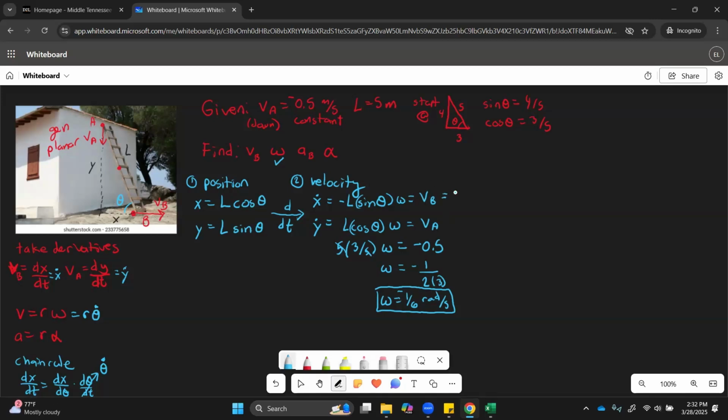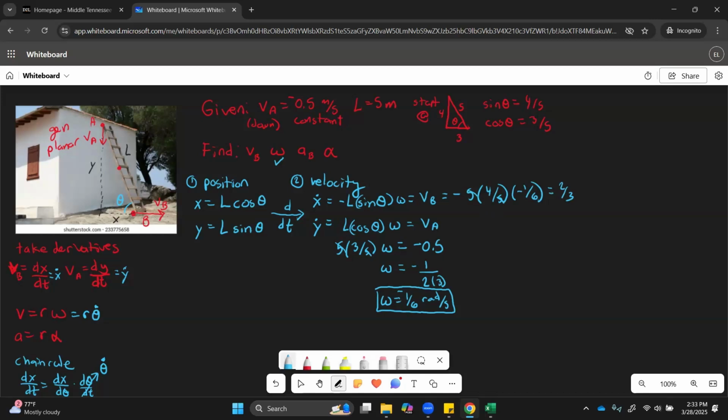So VB equals negative L, which is 5, times the sine theta, which here is 4/5, times the omega, which is negative 1/6. And then we get 4 times the 1/6, which is now 2/3, and the negatives cancel.